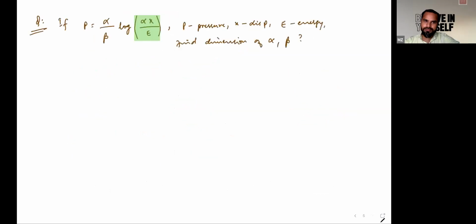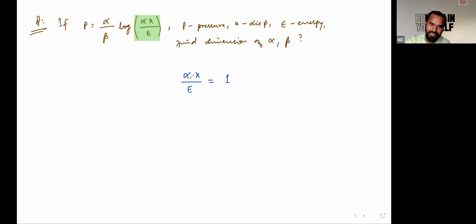So this particular expression, log of some expression like this. Log is defined for this particular term to be any number. So for any number, x alpha upon e would represent nothing but any dimensionless quantity. And for any dimensionless quantity, just equate it to 1.